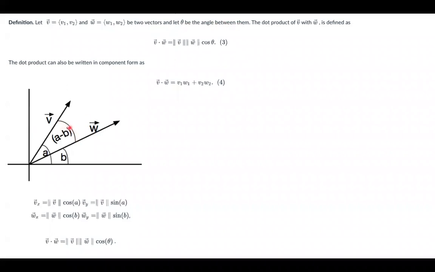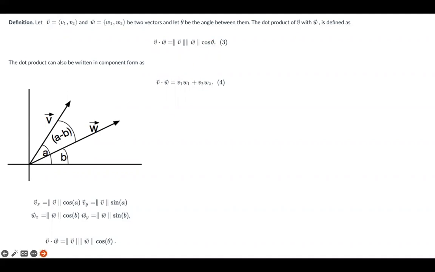Then the dot product of v with w is defined as this, which we're given right here. The dot product can also be written in component form: v dot w equals v1 w1 plus v2 w2. So let's begin with the component form and go to the angle form.